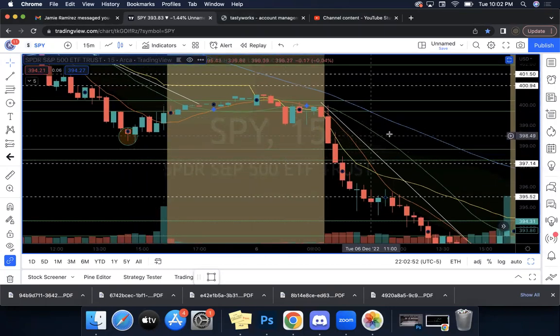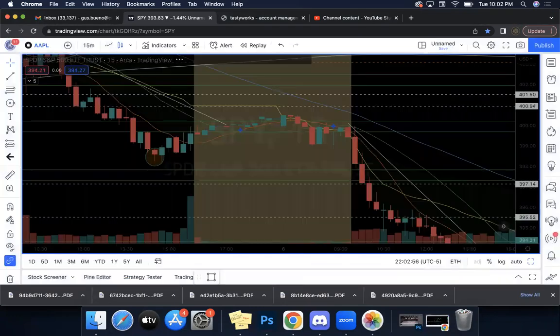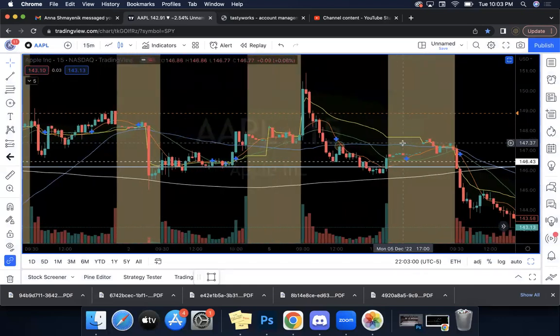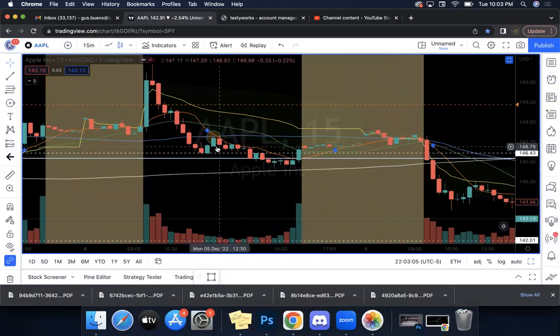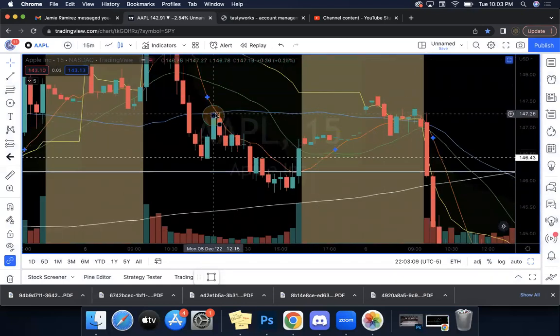Well, now I have another chart that also shows it. Got Apple. Okay, so Apple actually put a tweezer top right here. Look, team, right on my moving average. Wicks. It's not exactly like the photo, but it's somewhat.